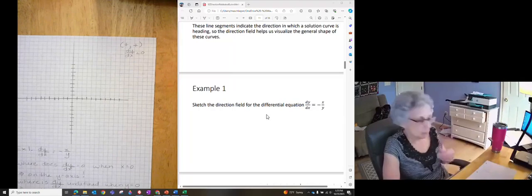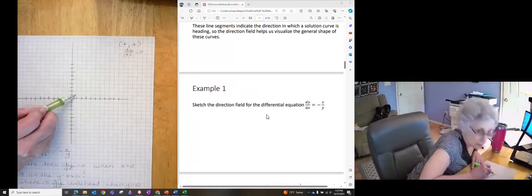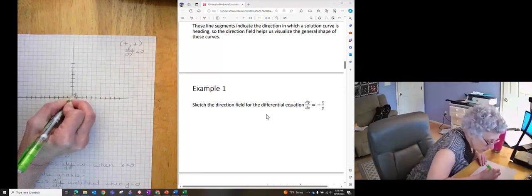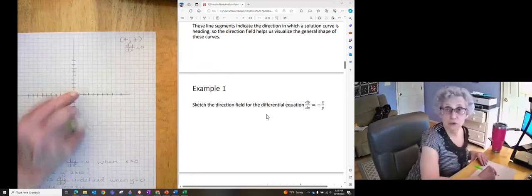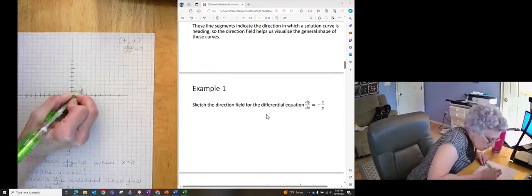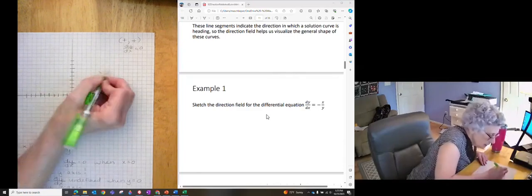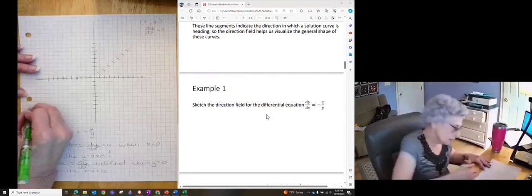So let's just pick a couple of points and sketch the slope. So at the point (1, 1), my slope is equal to negative 1. At the point (2, 2), my slope is equal to negative 1.